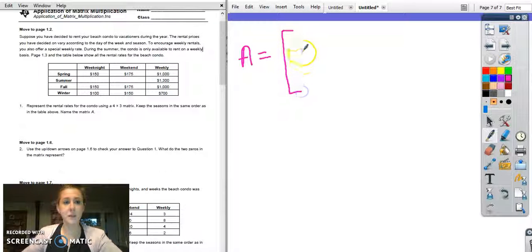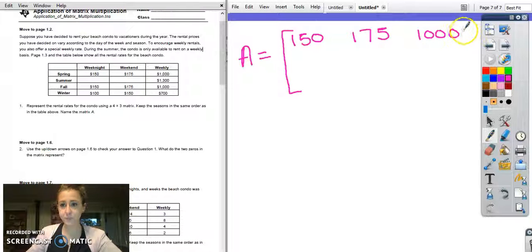So I'm simply going to take the 150, move across to my 175 and my 1000. So there's the start of my 3 columns.